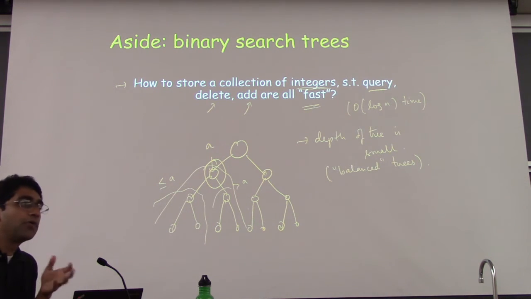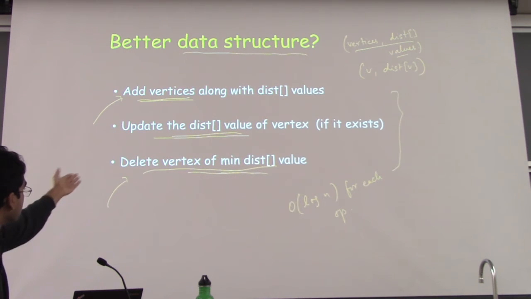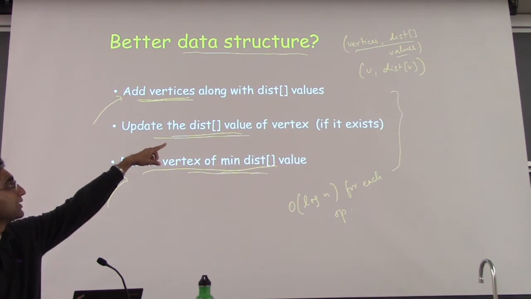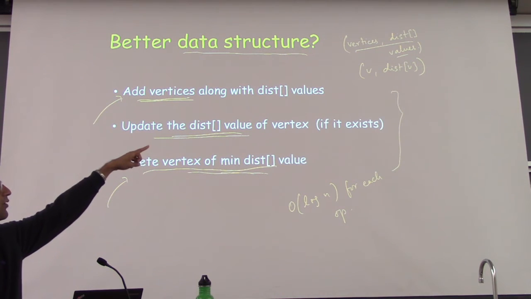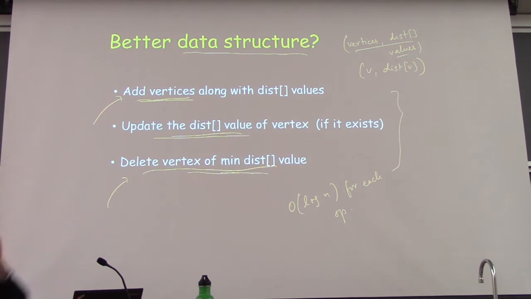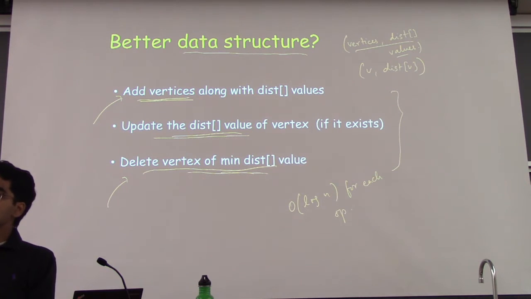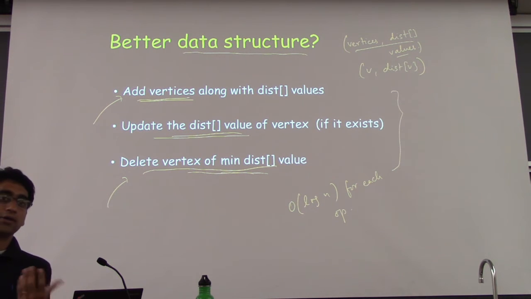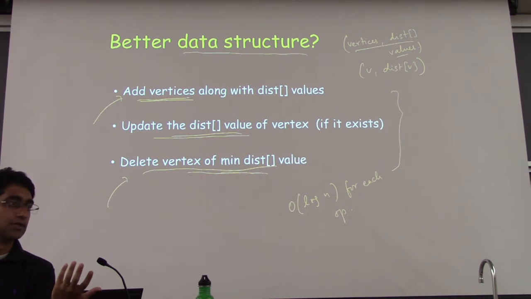Okay, so how do we use them in our problem, right? What we wanted to do was support these three operations, right? And our objects were actually these pairs of v and distance of v. So this is a little bit odd, right? In the standard setting we said that we only have integers, okay?